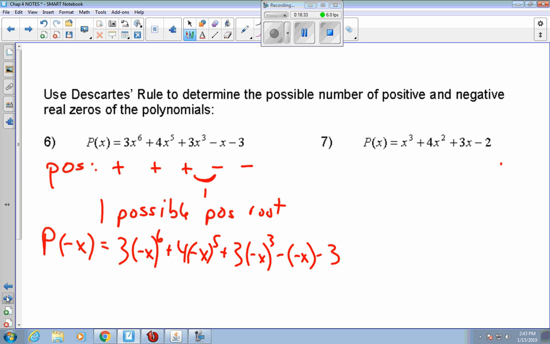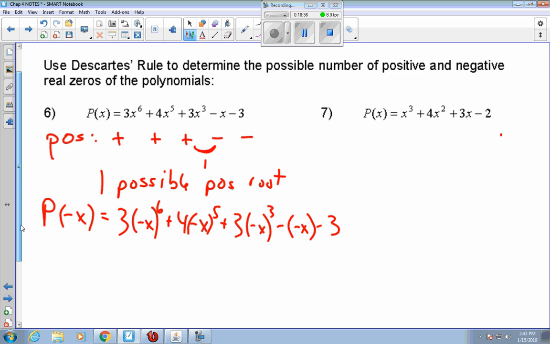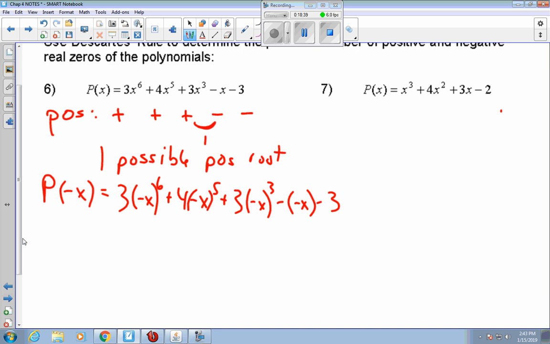So you put in a negative x every single place you see an x. Now you don't always have to do that, but you have to show me the next step. Because remember, whenever you put it in for an even power, does it change? No, it doesn't change. Because if you have a negative x raised to an even power, it's going to become positive. It's going to stay the same. But if I have a negative x to the odd power, that becomes negative.